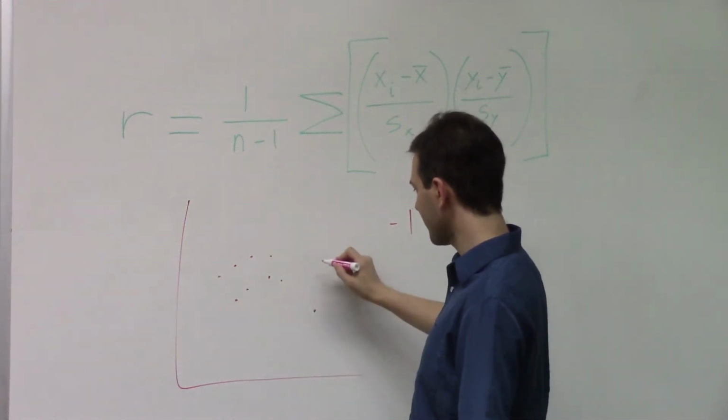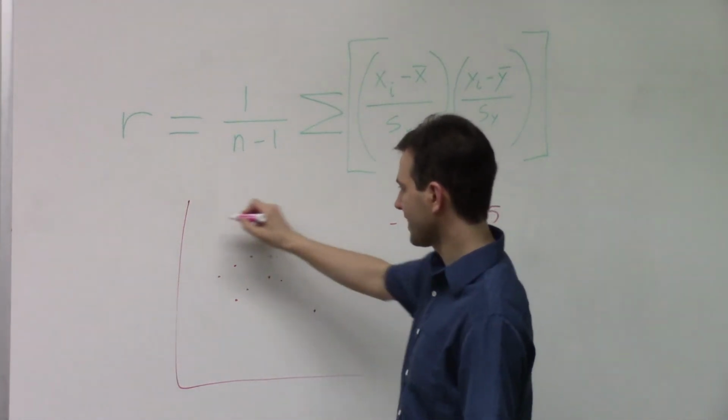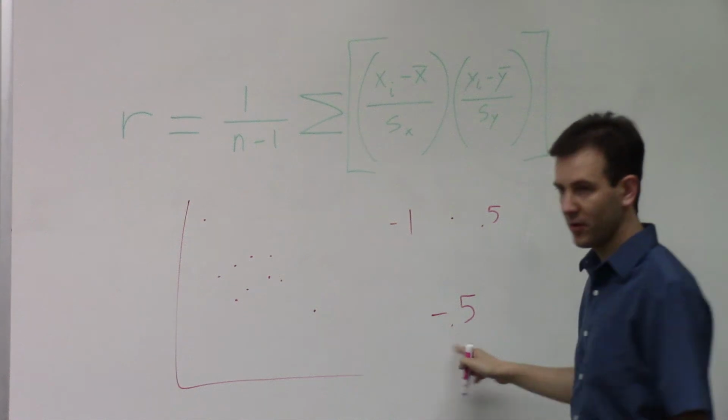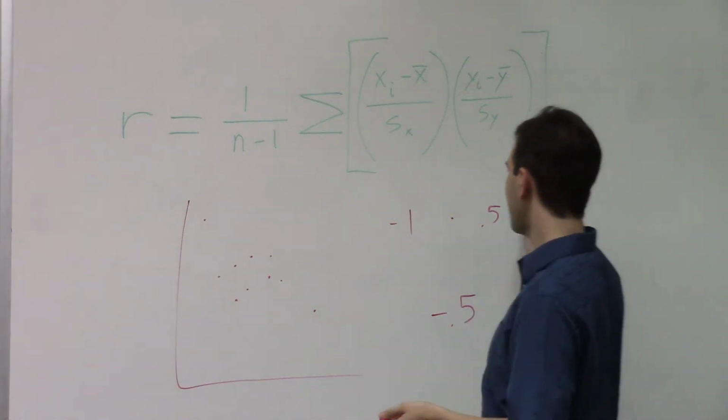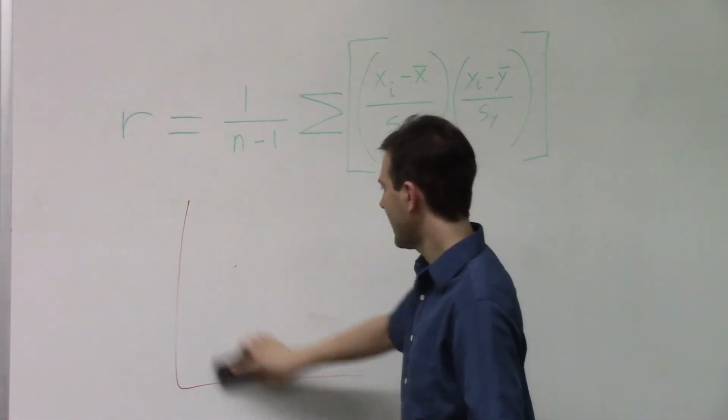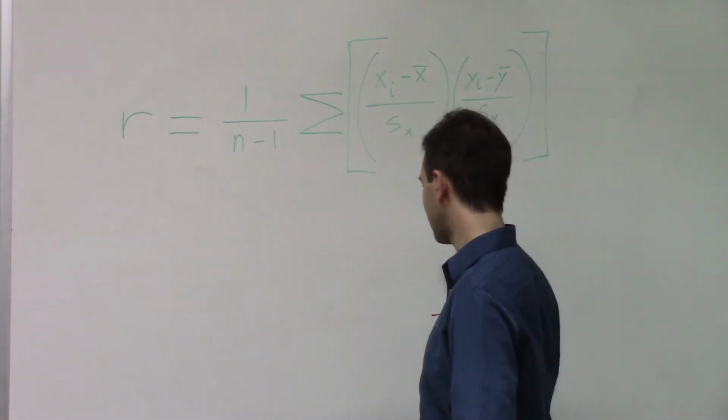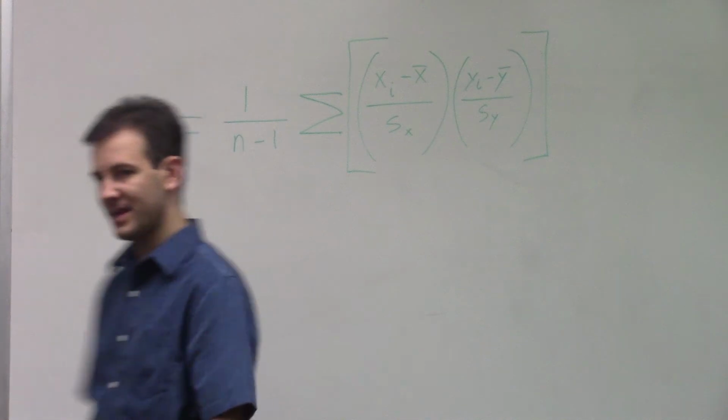When you're more of one thing but less of the other, you're making the correlation more negative. So R describes the correlation, and I can guesstimate the correlation in each of my many examples.